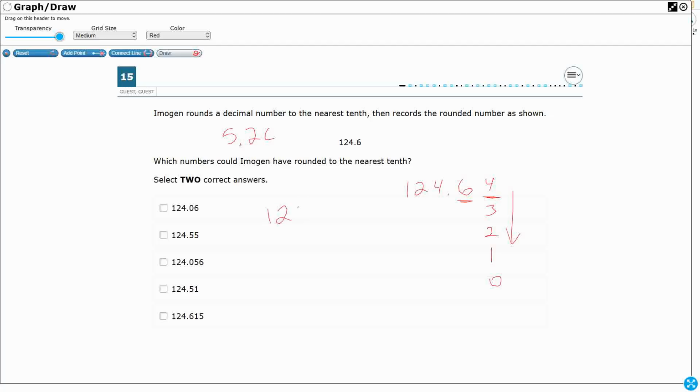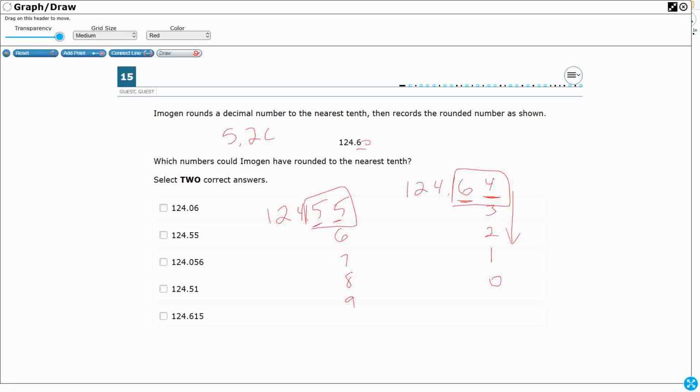What if I did 124.5 and then I made it go up? 124.55 is going to round up to 124.6. And I can have any of these values here. So anything between 124.55 and 124.64. The 55 and the 64 are going to go to that 60.